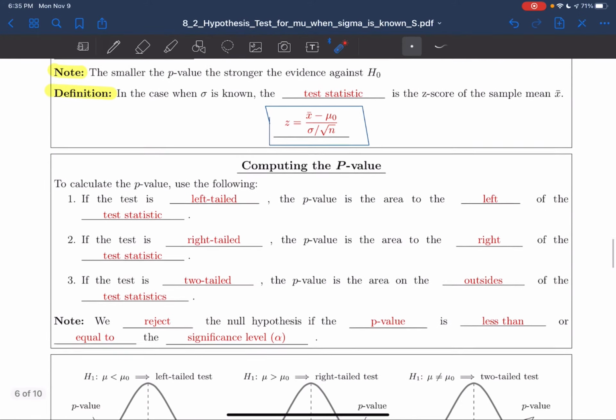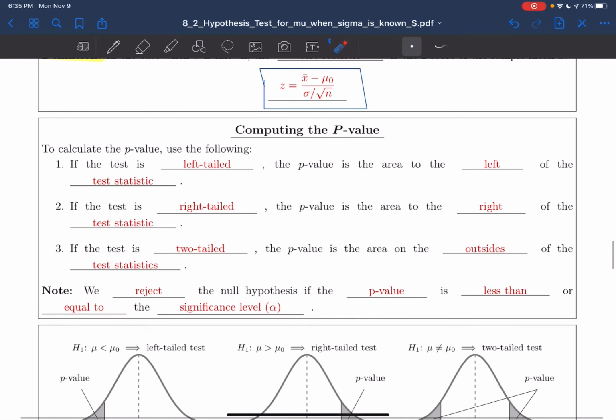Okay, computing the p-value. To calculate the p-value, use the following, and these are things you have to keep in mind. If you're dealing with a left tail test, the p-value is the area to the left of the test statistic z.